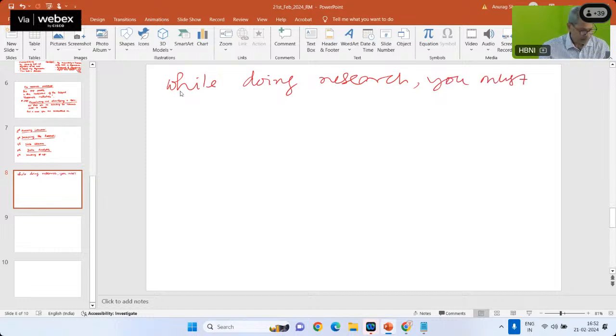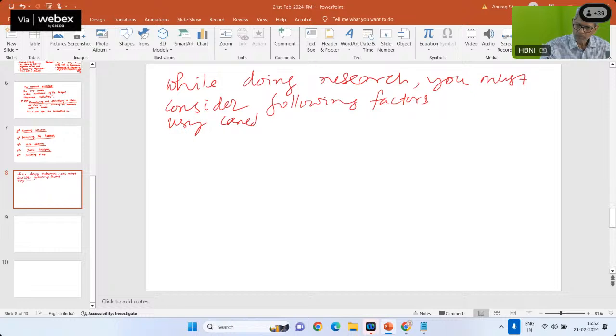While doing research, you must consider the following factors very carefully. First, impact of research bias.